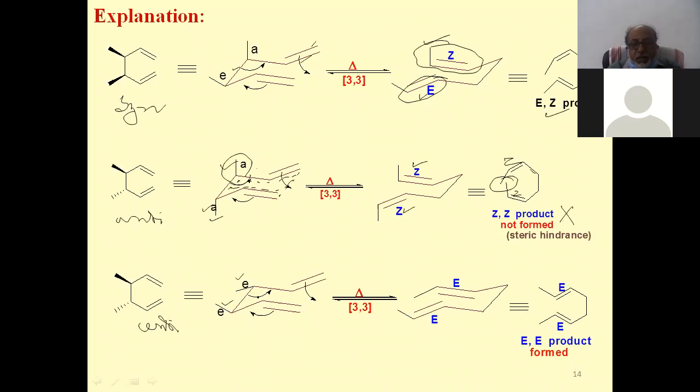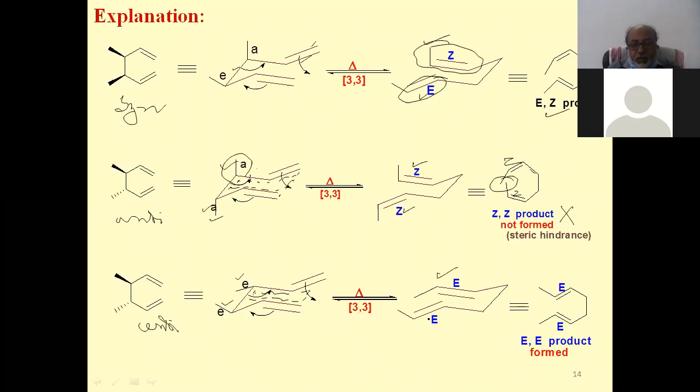So what we find here, we are left with only 2 minutes. This transition state that is going to come here, after the new bond is formed and the old bond broken in that sigmatropic shift, this is going to be the product.